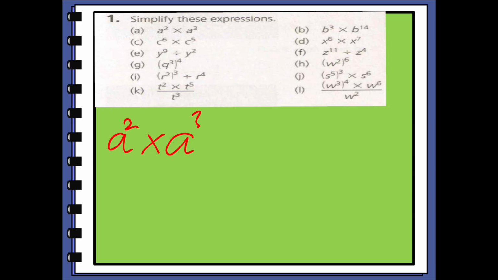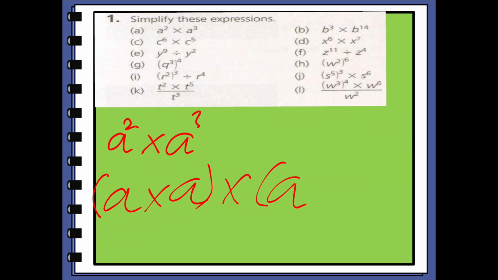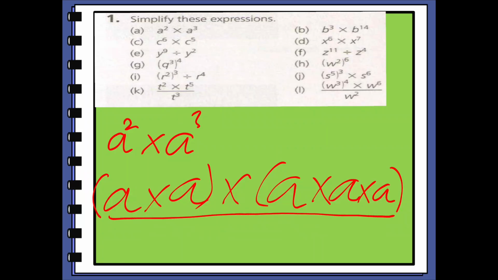Because this means a times a, this is a squared times a times a times a, which is a power 3. So you can see that here we've got 5 a's altogether, which we say a power 5 is the answer.